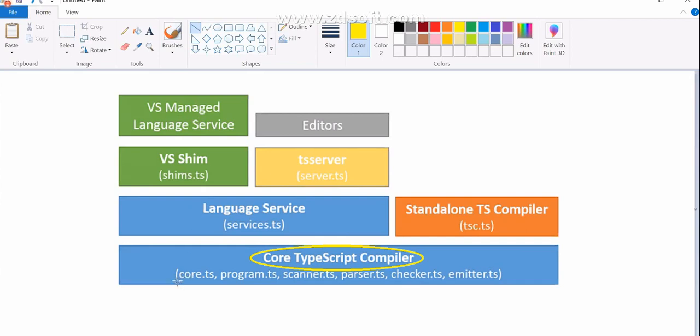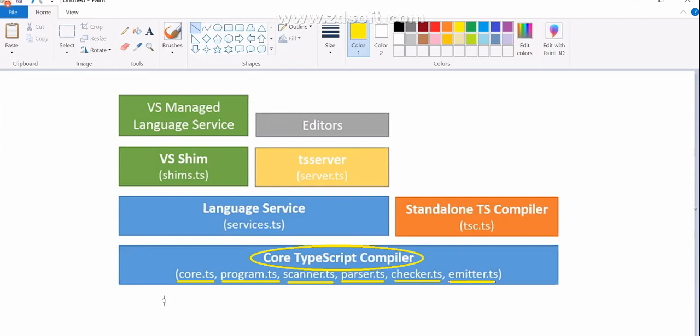You can see there is core.ts, program.ts, scanner.ts. Every file has a different responsibility. For example, core.ts is used for encapsulating all the TypeScript code into one unit.